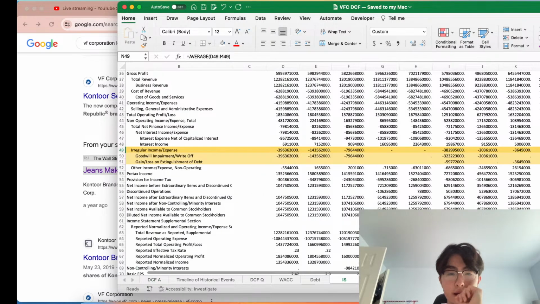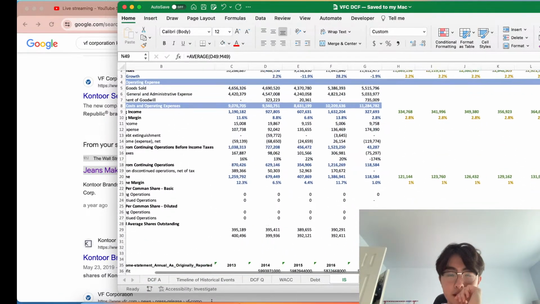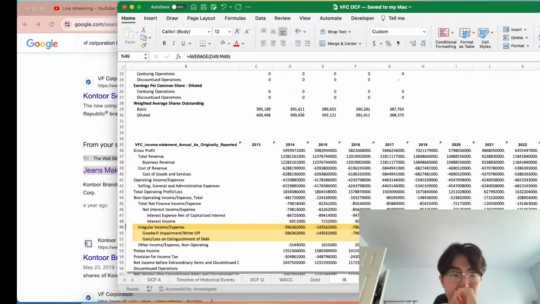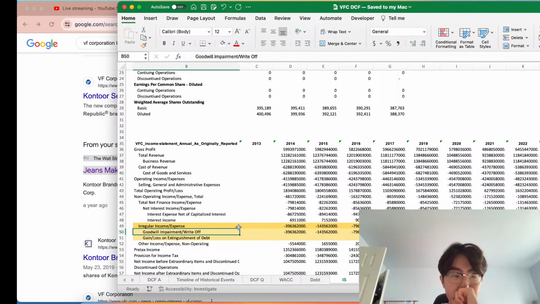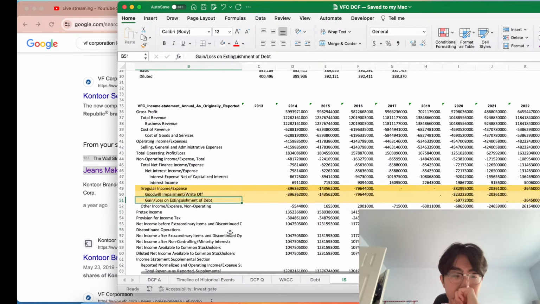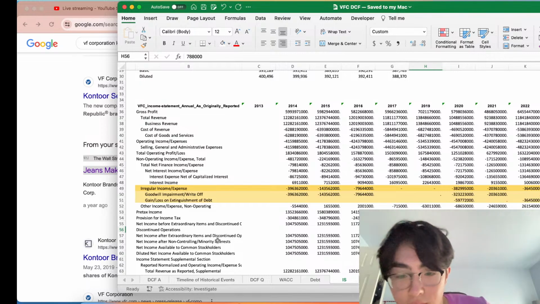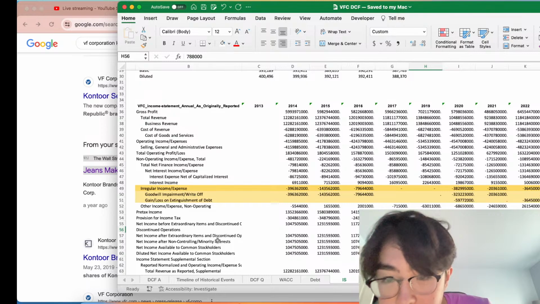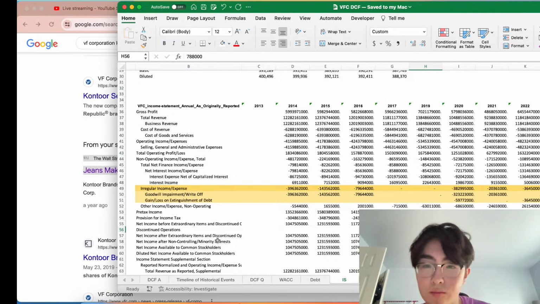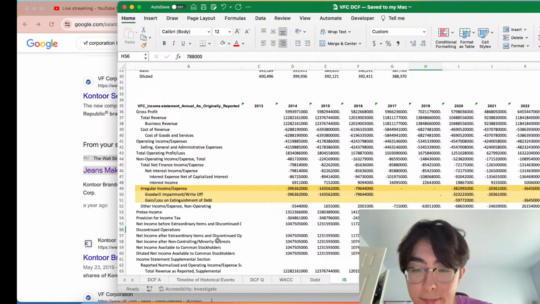So I think when we look at the income statement, then we might see discontinued. Let's see. Discontinued operations 2019, 78,000. It's not a lot, to be honest.